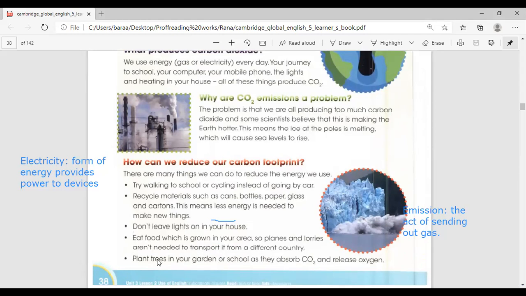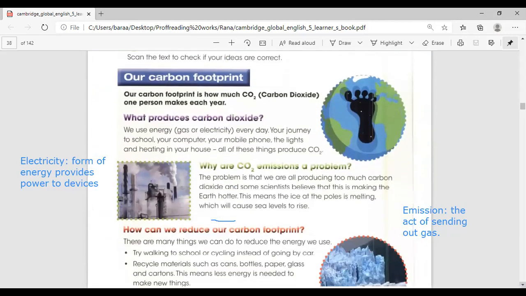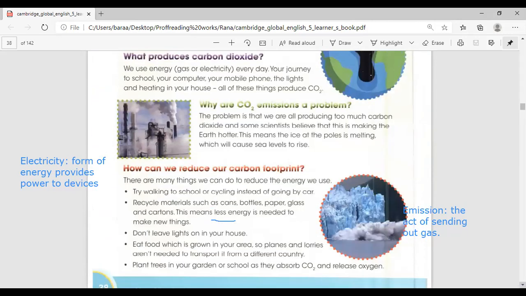The last one: plant trees in your garden or school, as they absorb CO2, as you watched in the video, and release oxygen. So that's it. So right now we know how the CO2 is produced and how we can reduce our carbon footprint.